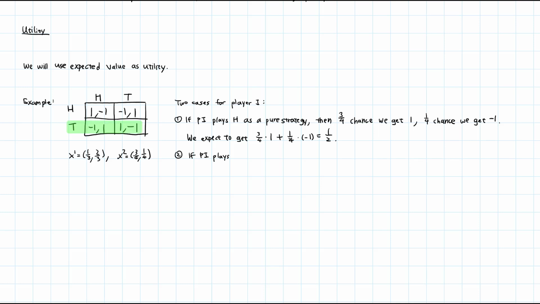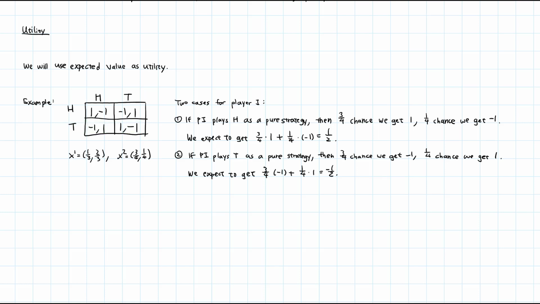Similarly, if player 1 plays tails as a pure strategy, then there is a 3/4 chance we get -1 and 1/4 chance we get 1, and we expect to get a utility of -1/2. And these are what we expect to get if player 1 plays heads or tails as a pure strategy.